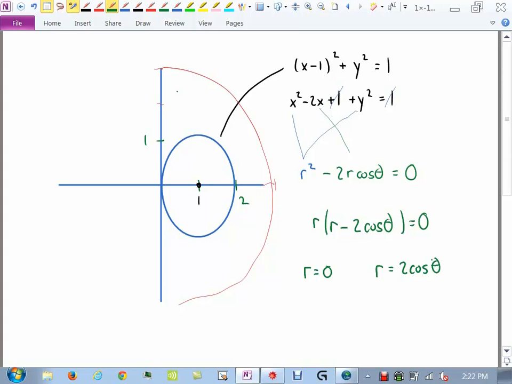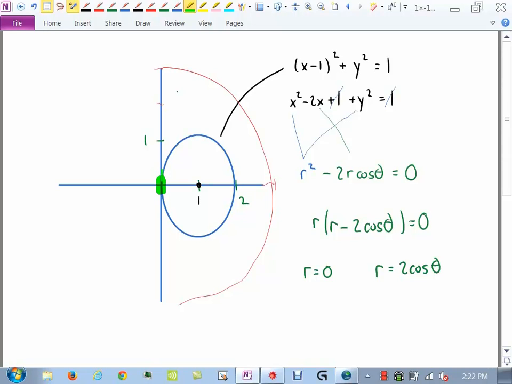I just want to show you that this works, all right? What does r equals 0 look like? So remember, in polar, you start by standing at the origin, right? The x-axis goes this way. The y-axis goes this way. I'm just sitting there pointing out the x-axis.